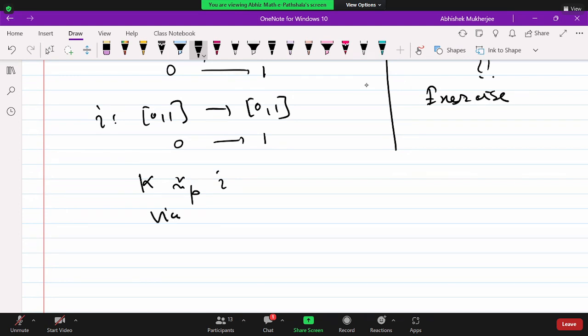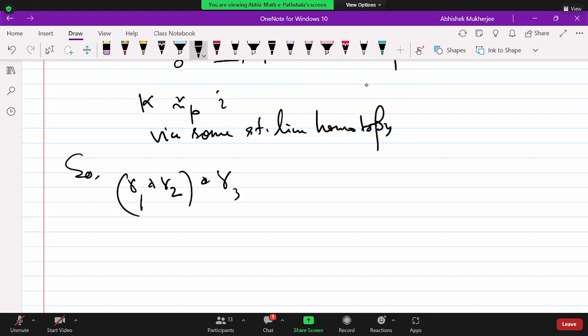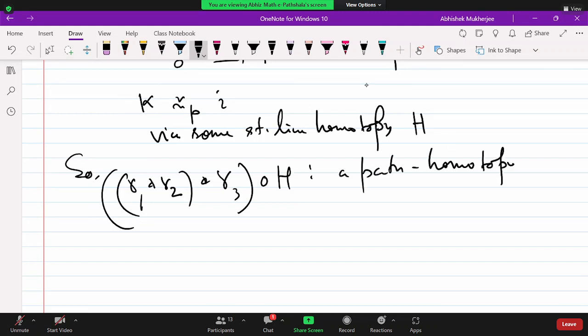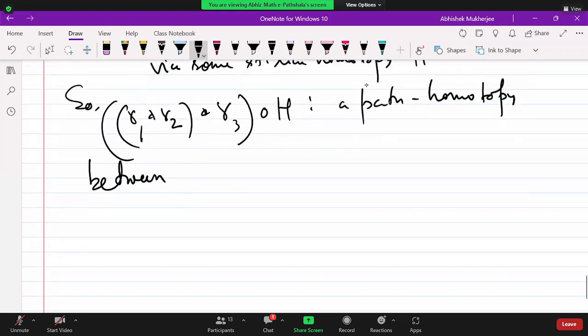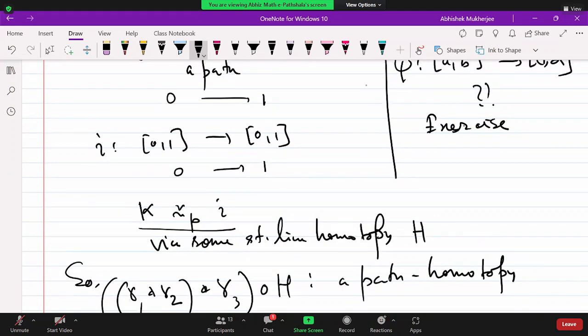By some straight line homotopy. Great. And then what you can do here, just by using the previous exercise that I've given, let's call this homotopy H. So this composed with H must be a path homotopy between gamma 1 star gamma 2 star gamma 3 and gamma 1 star gamma 2 star gamma 3 composed with K. Just look at here.